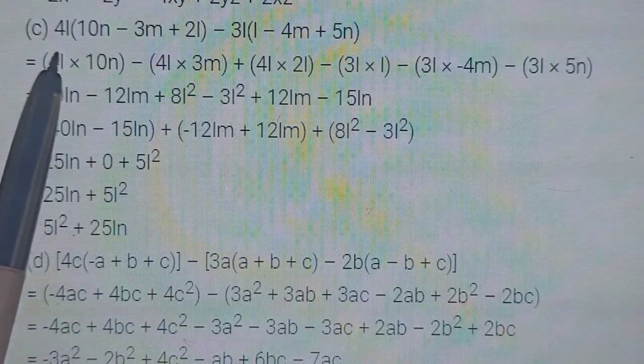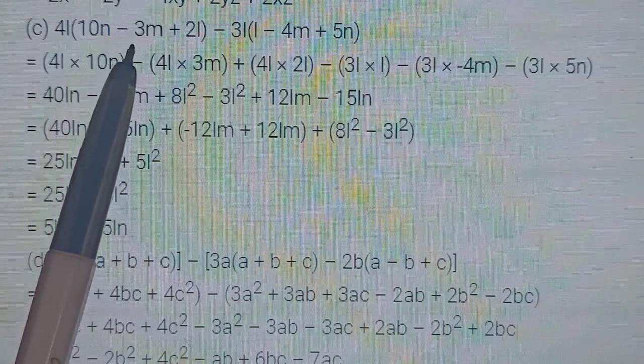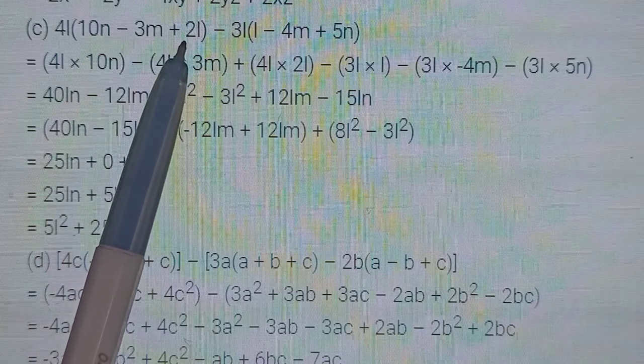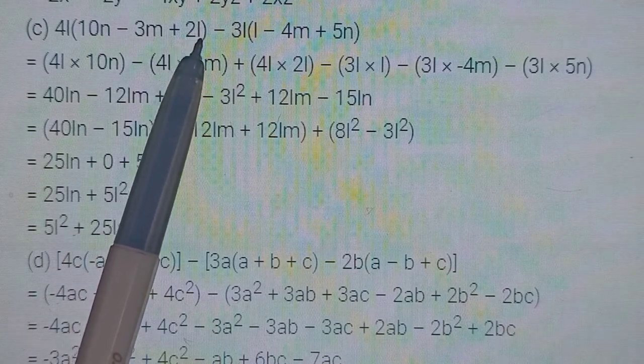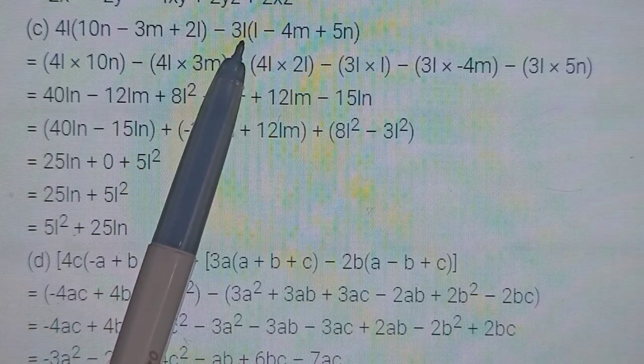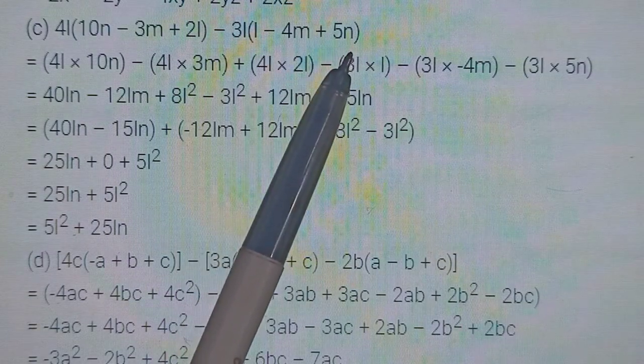So the second expression, the one after 'from', 4l bracket 10m minus 10n minus 3m plus 2l, is written first, and minus 3l, which had to be subtracted, bracket l minus 4m plus 5n, is written later.